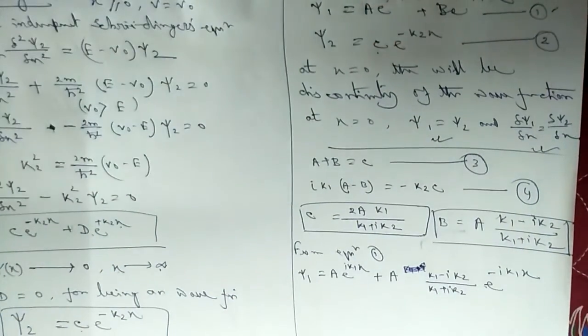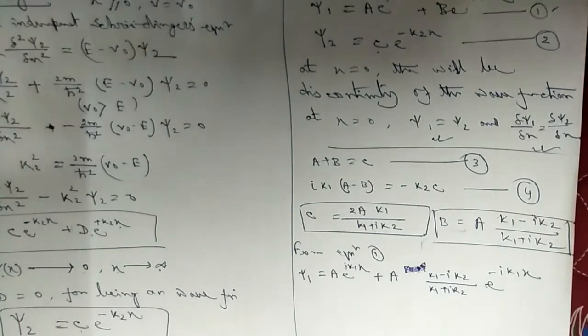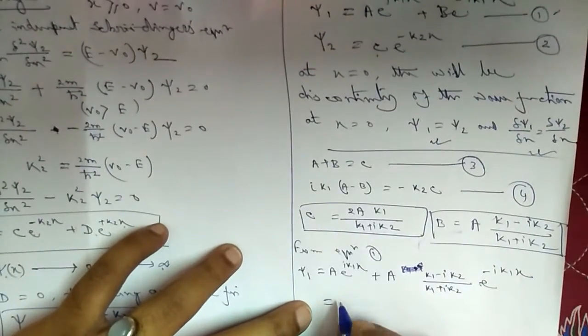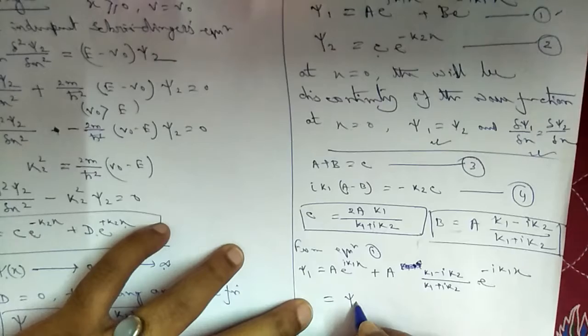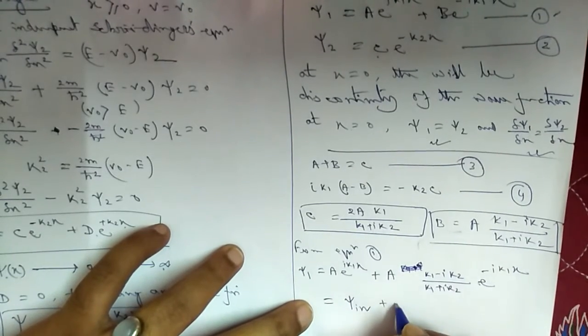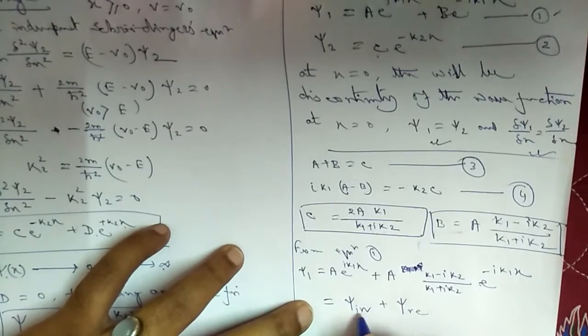And what are k1 and k2? If you wonder what k1 and k2 are, k1 is the wave vector in region 1 and k2 is the wave vector in region 2. This is very simple. So this can be also written as psi in, with a positive i k1, and this can be written as psi re, that is the reflected part.